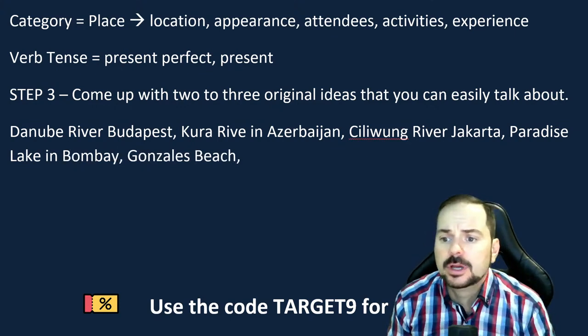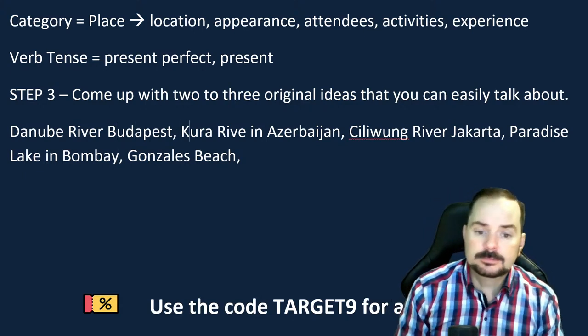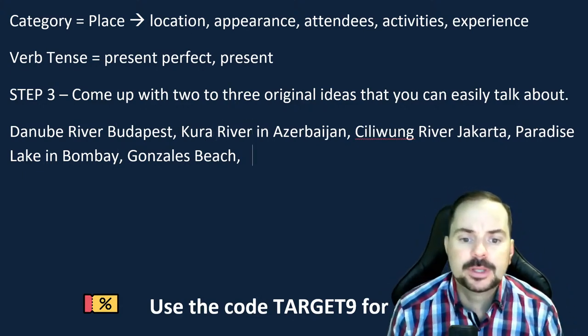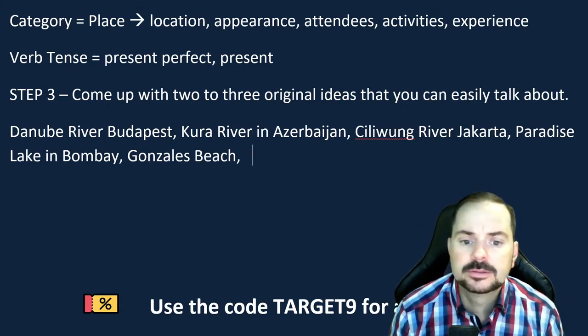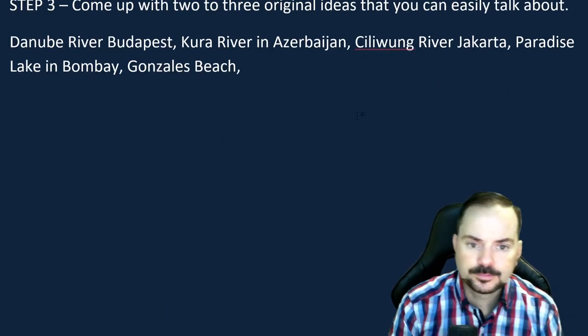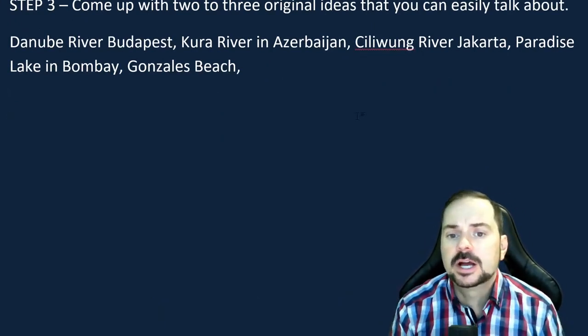All right, good. So we have some good ideas here. All right. And let's just pick one. Okay. And so let's go this time with the Kura River in Azerbaijan.